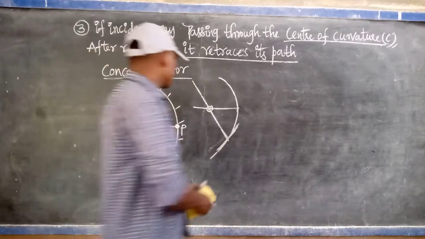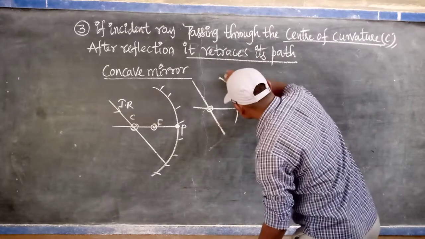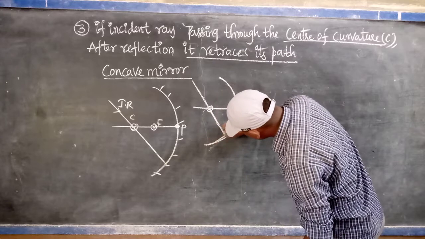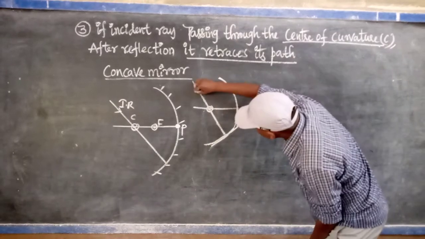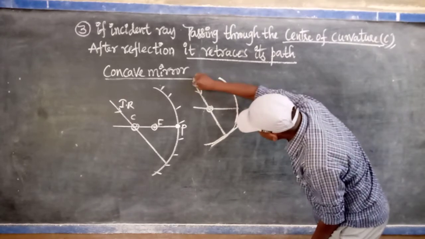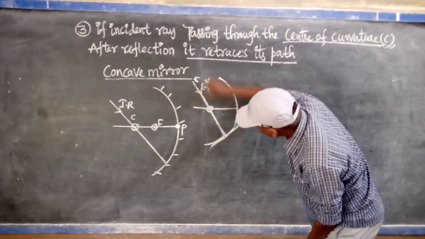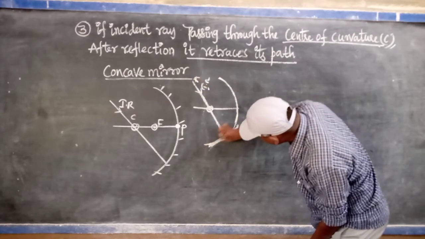Here, this is the incident ray. The incident ray falls on the curved surface at this point, B. At the point B, we draw the tangential line.